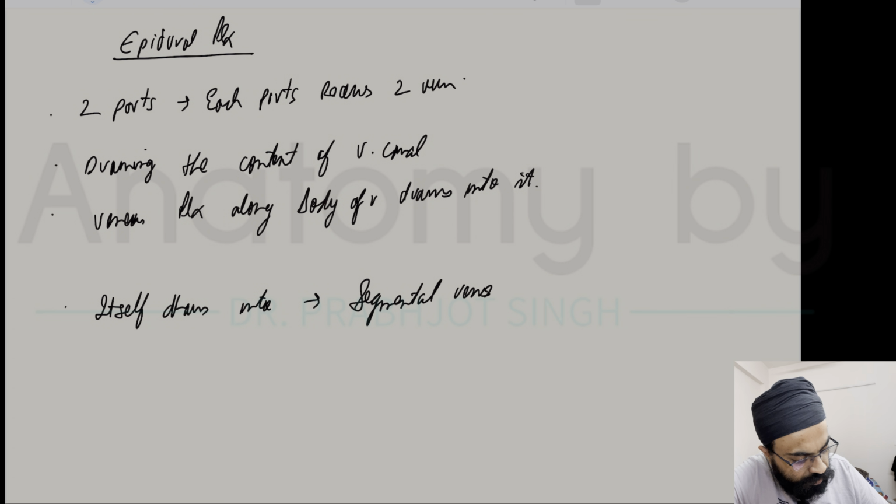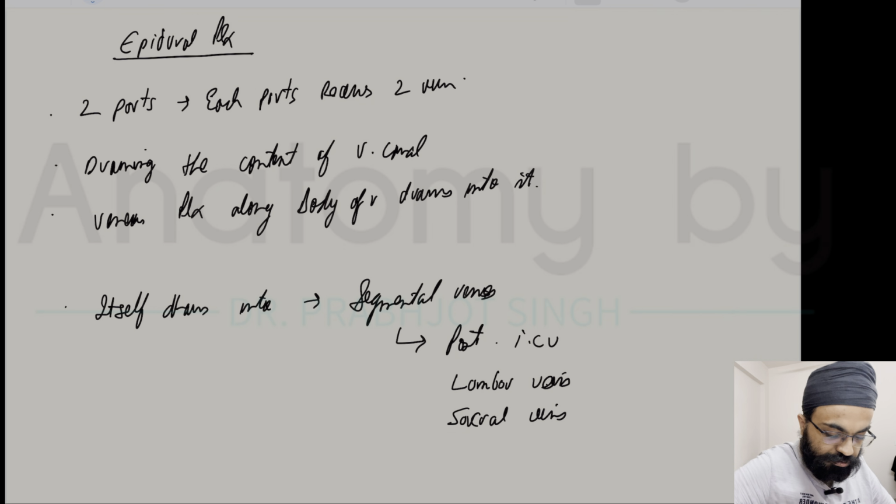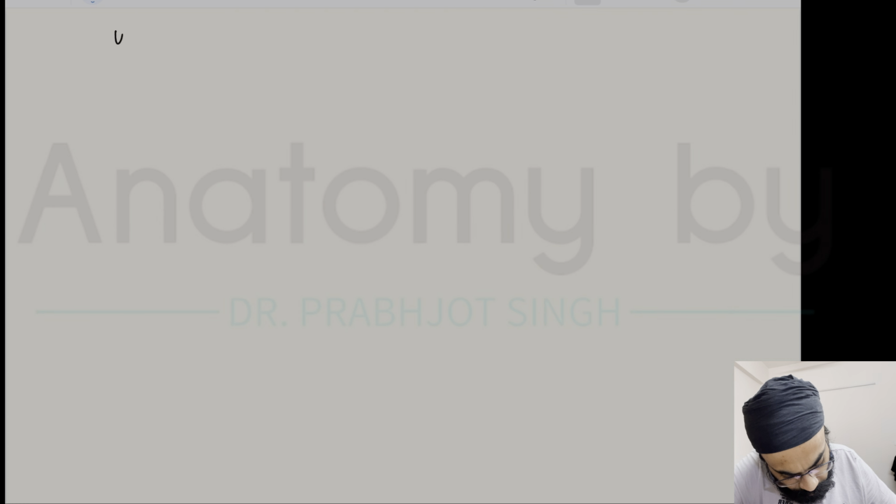segmental veins. What are the segmental veins? It is the posterior intercostal vein, lumbar veins, sacral veins. These are the segmental veins. Now the next is venous plexus along body.